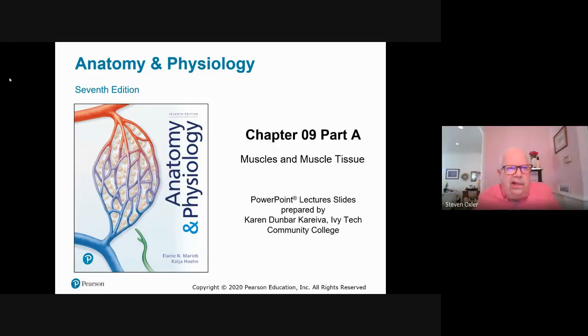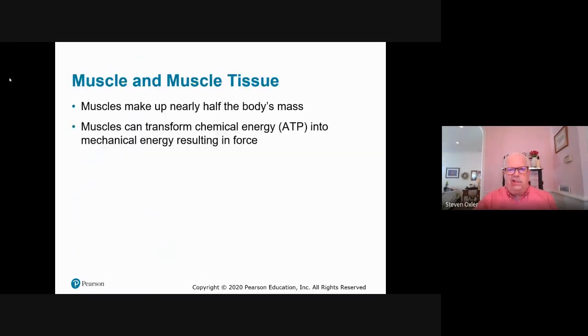Okay, let's talk about the muscle tissue. Chapter 9 is muscle tissue, and chapter 10 is the actual muscles. There are certain muscles that I want you to remember, but right now we're going to talk about the muscle tissue itself. Basically, you're all muscle. The majority of your body is muscles.